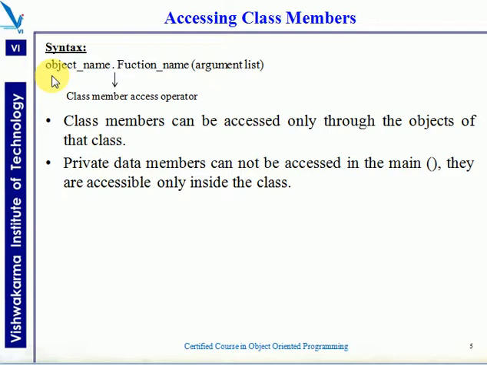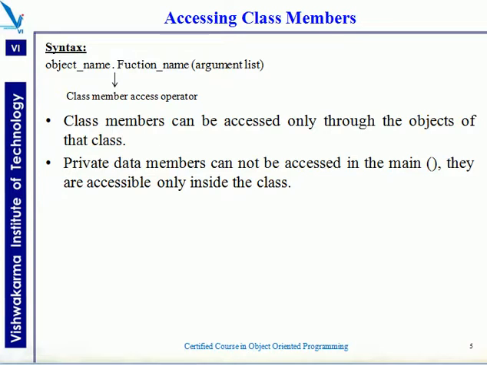This dot is called the class member access operator. Member functions are always called using an object because a member function is always called to act on a specific object, not on the class in general.